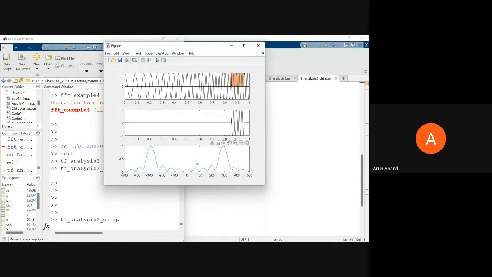So you are analyzing the signal at different time points by sampling only a window. The whole signal is 1 second, and this window is 0.05 seconds, so you are analyzing the spectral components in every small window of the signal. Am I clear?